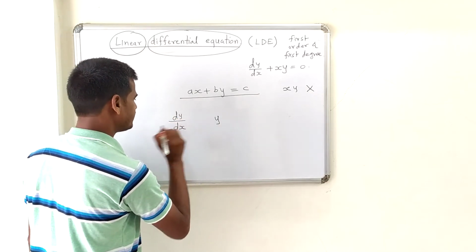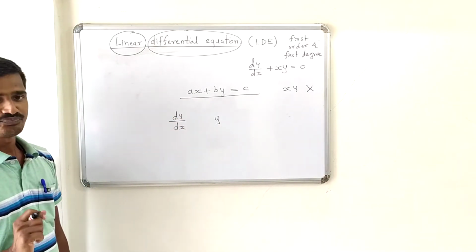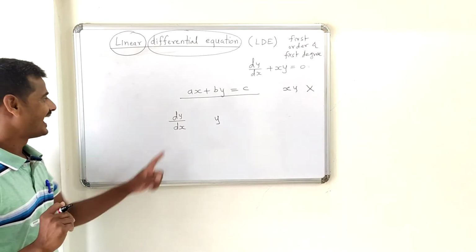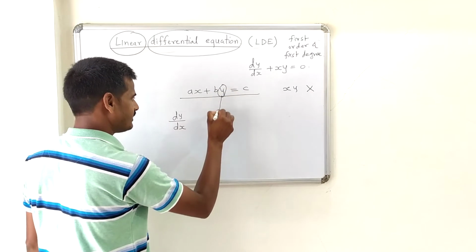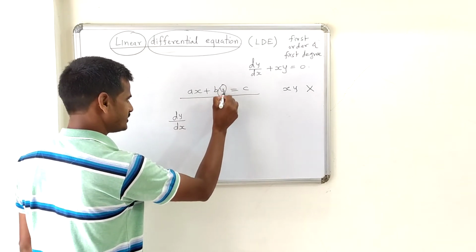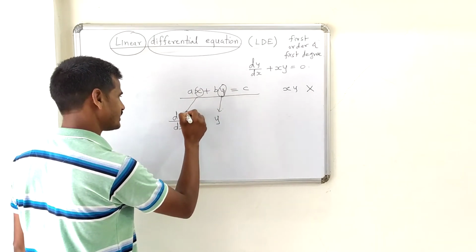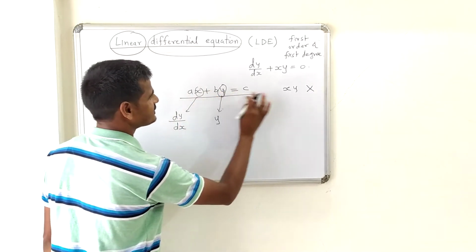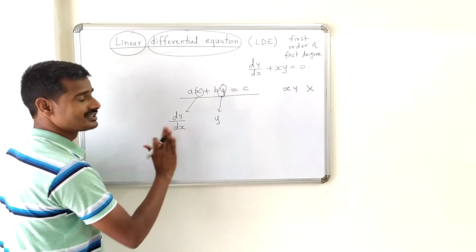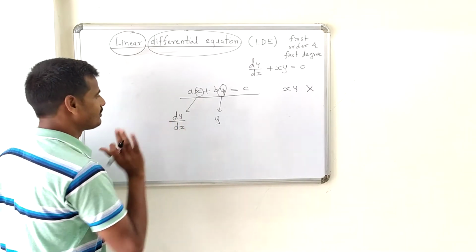I want to define linear differential equation which is linear in y and dy by dx. Here this y and this x are related to each other. In the first equation we are saying linear in x and y. Here we want to say linear in y and dy by dx.